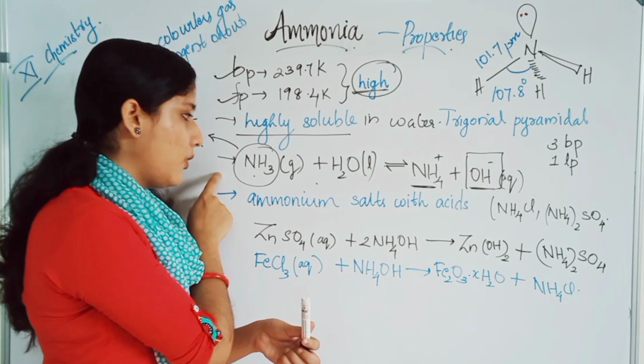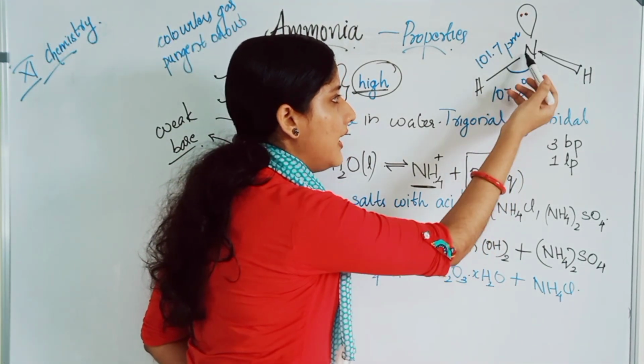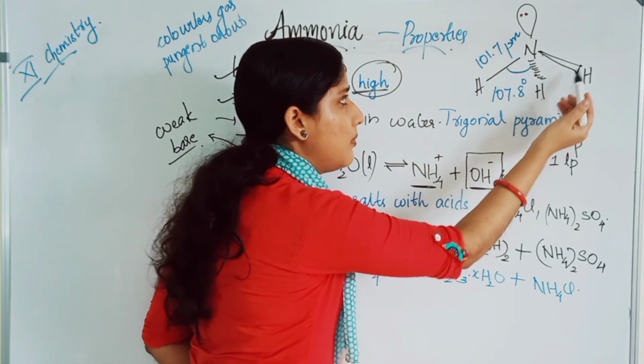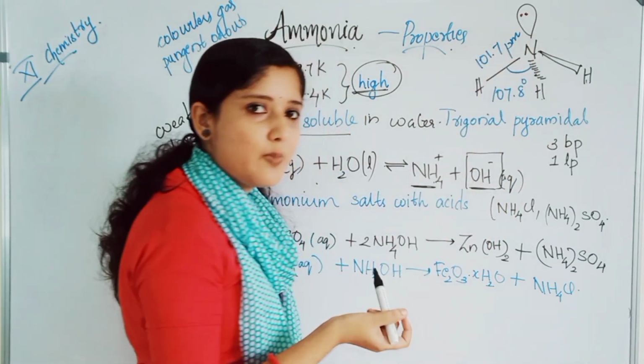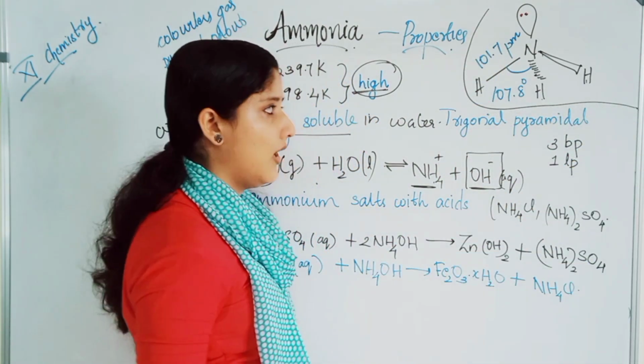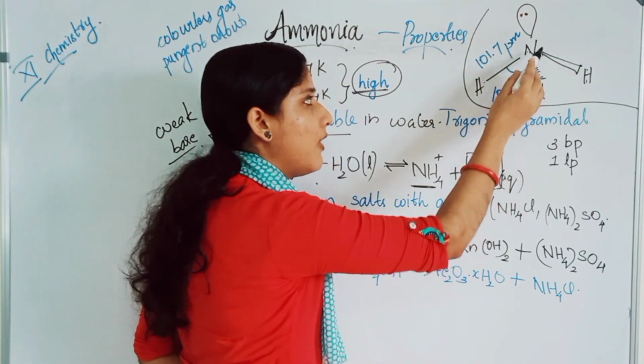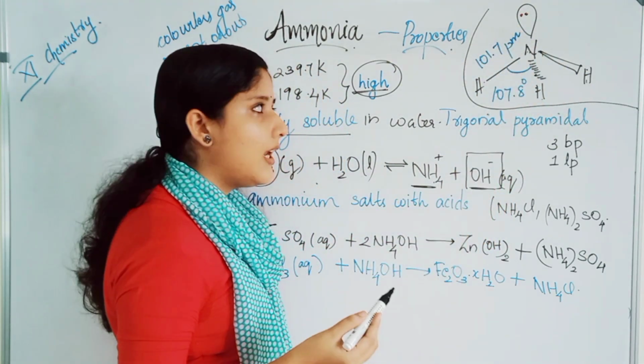This is the next point. Now, look at the structure of ammonia, NH3. Three bonds and also one lone pair are present in ammonia. Three N-H bonds are there and one lone pair on the nitrogen.